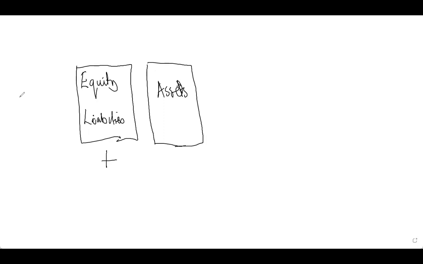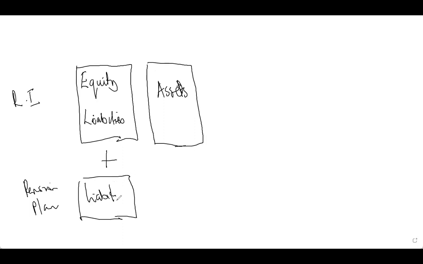Now, so this is just Rosetta investments, excluding the pension plan. But now we want to factor in the pension plan. And the pension plan has liabilities associated with it, right? And the pension plan also has assets associated with it.